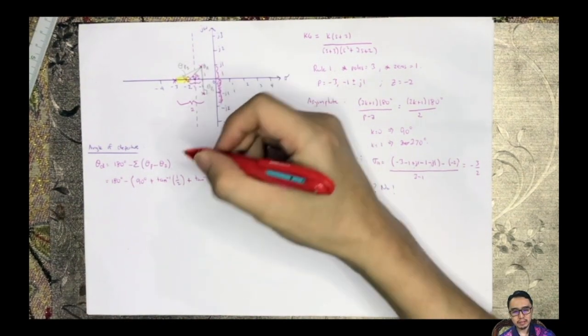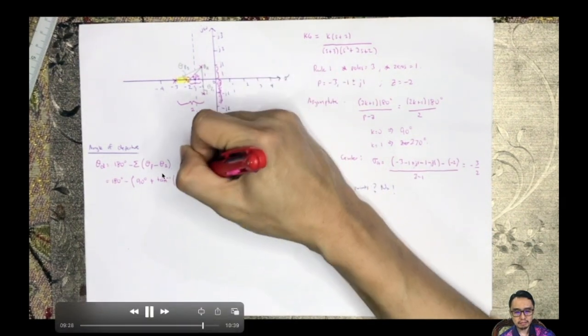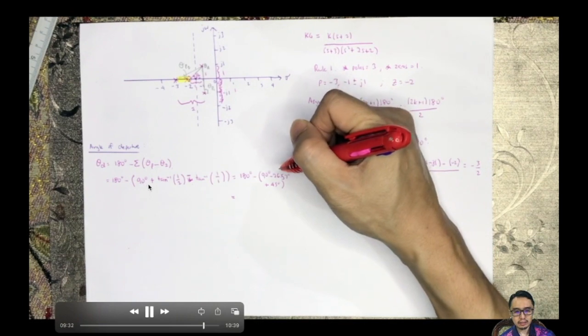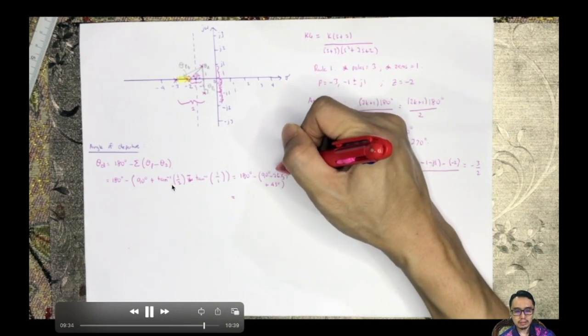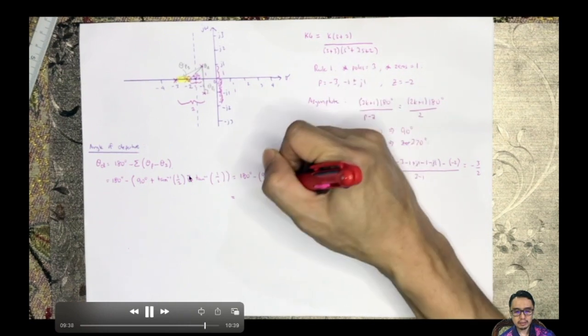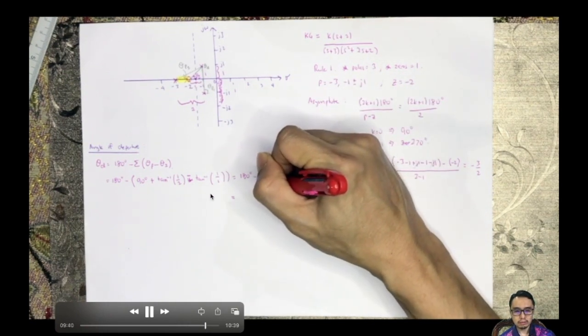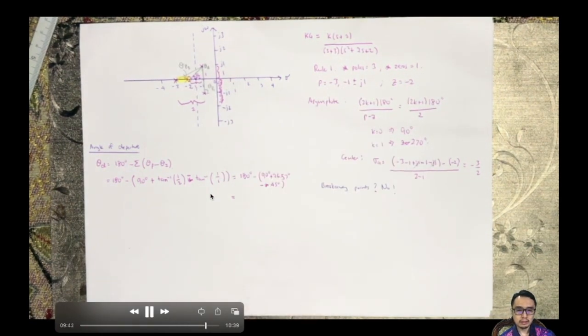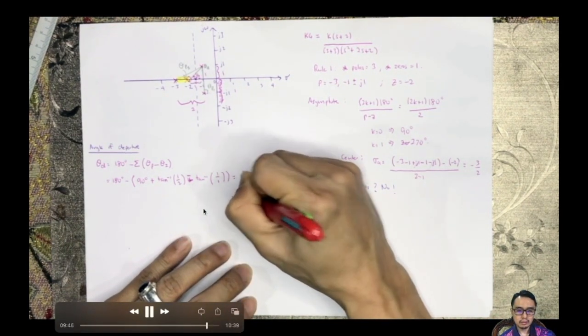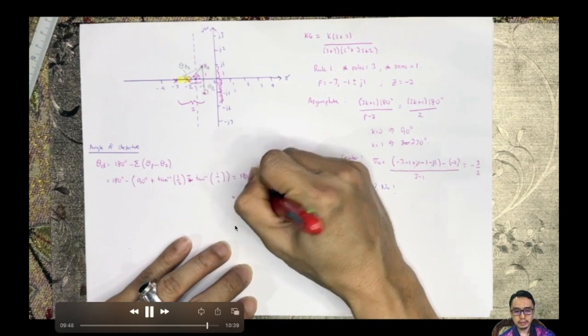The angles made by the poles should all add up. Okay, this is theta p. So it should have been 90 degrees plus inverse tangent of a half, minus the angle made by the vector of the zero. Right? So if you do that, then it will be correct.